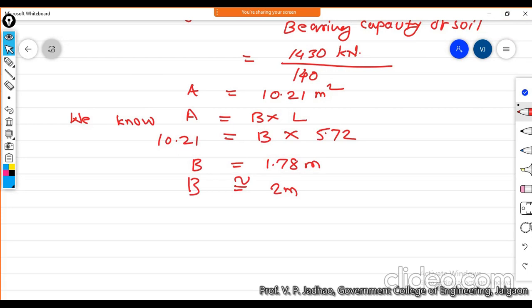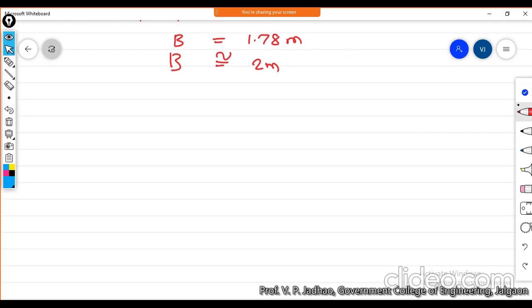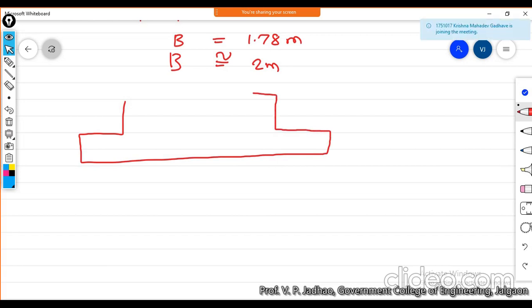Now we have to just draw the diagram of how this footing looks. This is our C1, this is our C2.